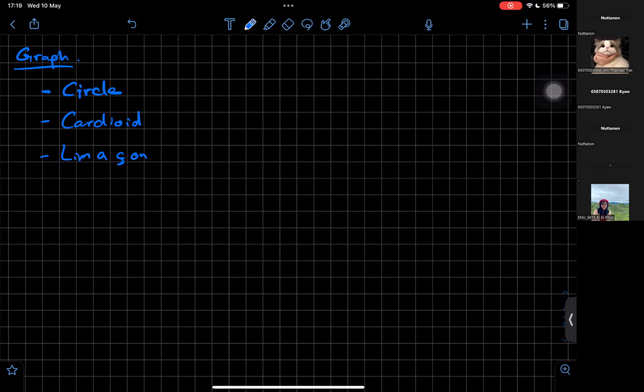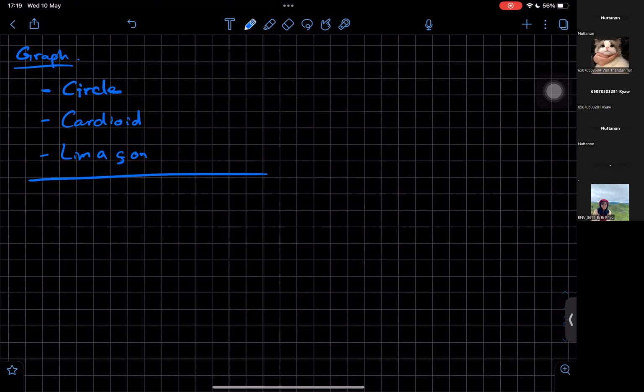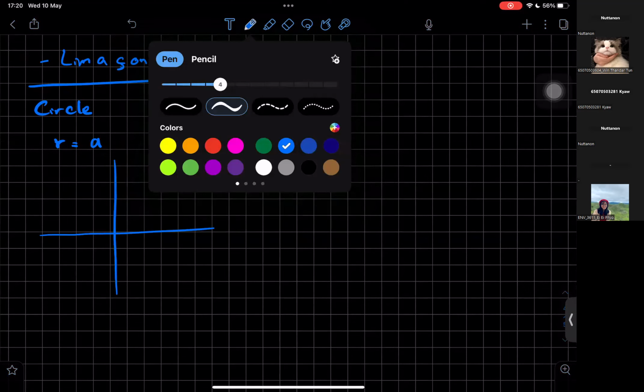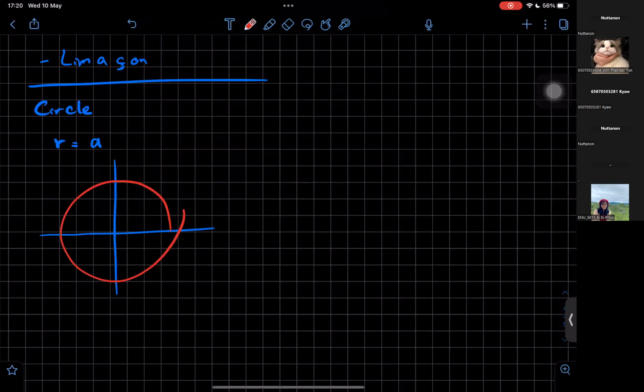So for the graph, let's start with the circle. The circle you can have r equal to a. So the graph will be like this. It's a circle like this, and the radius here is a.